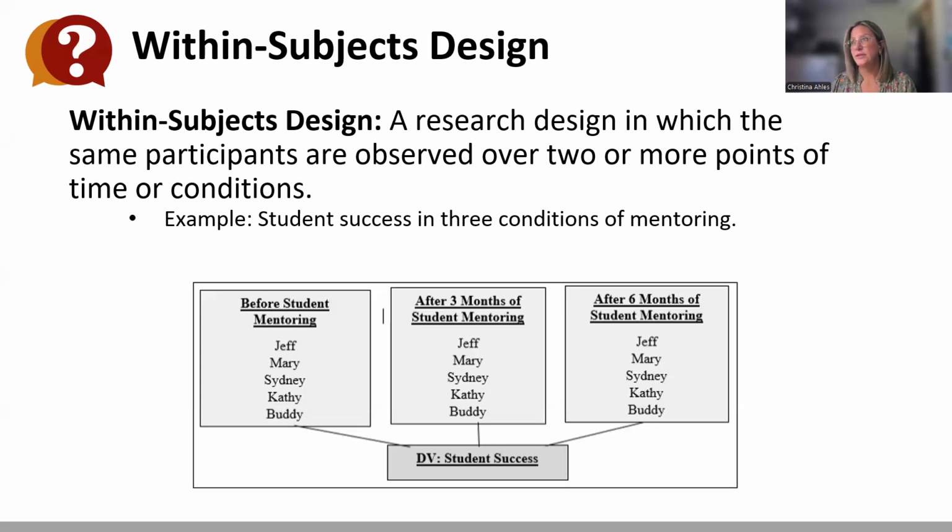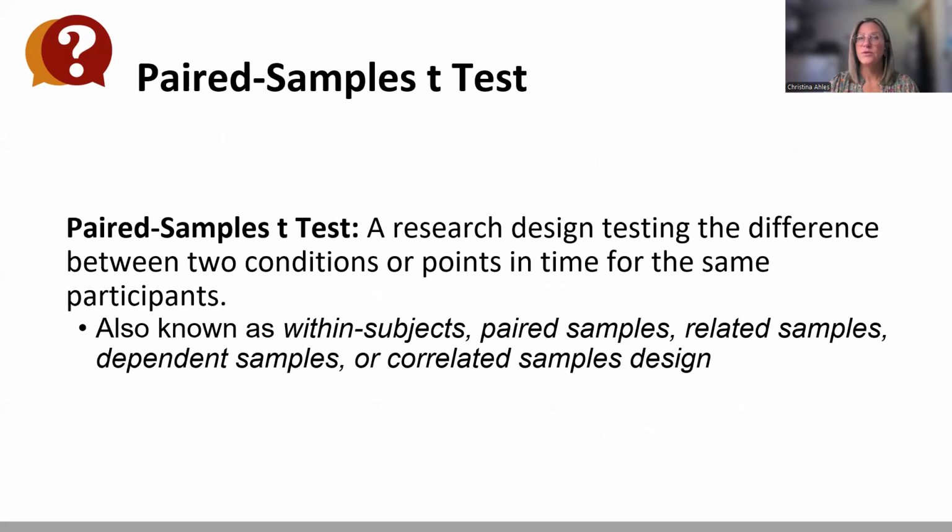And within subjects can be two conditions, three conditions, 5, 12 conditions, however many conditions. But very specifically, when we're using a paired samples t-test, it's when we have the same participants in two conditions or 2 points of time for the same people.